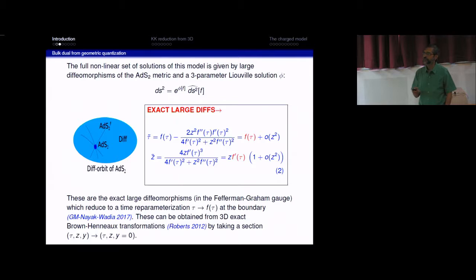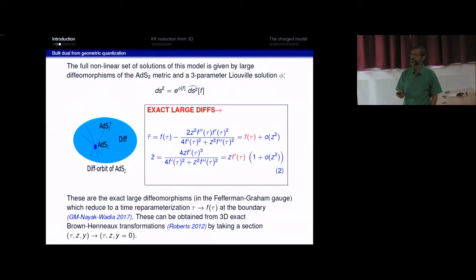But from here itself, I would like to emphasize that the asymptotic diffeomorphisms, which are like the two-dimensional counterpart of the Brown-Henneaux diffeomorphisms, are exactly known. You ask yourself what is the two-dimensional diffeomorphism which reduces to a time reparameterization at the boundary.